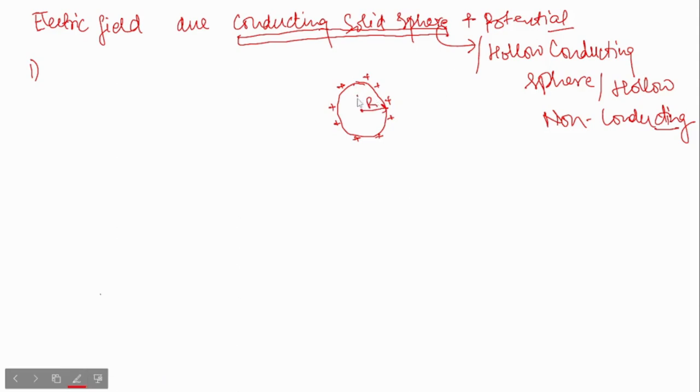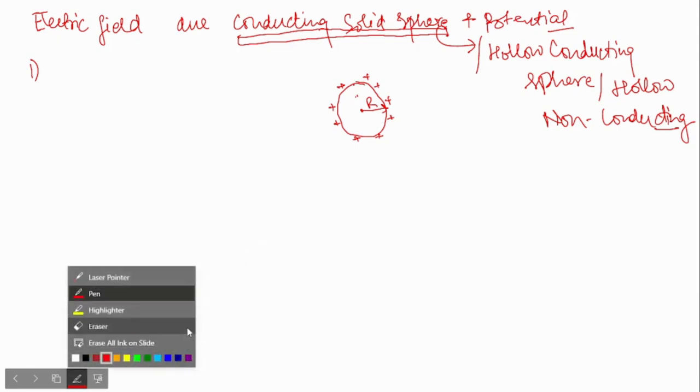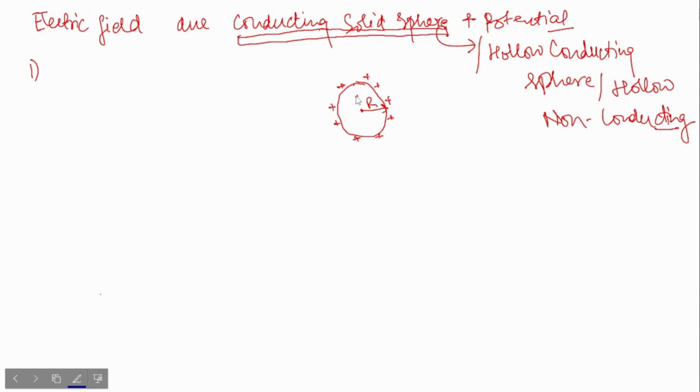We'll first find inside this, then at the surface, and then outside. The first case is when small r is less than capital R, that means inside the sphere.